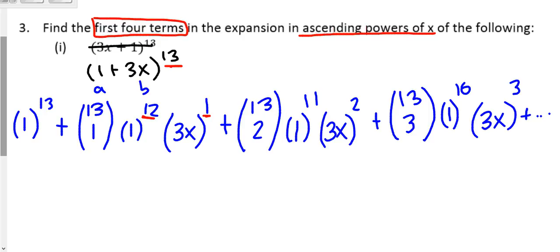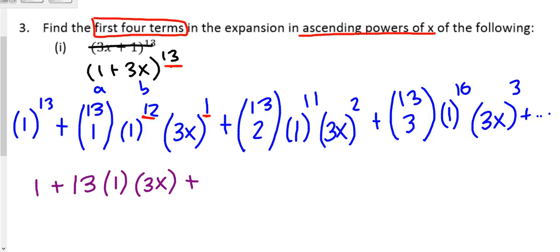So we have 1 to the 13th, which is just 1. That's kind of nice. 13 choose 1. When you put that in your calculator, you will get 13. 1 to the 12th is 1. 3x to the first is just 3x. Plus, now we have 13 choose 2.